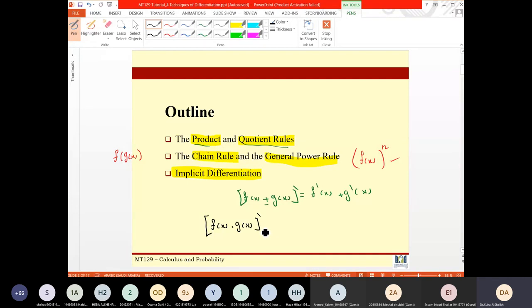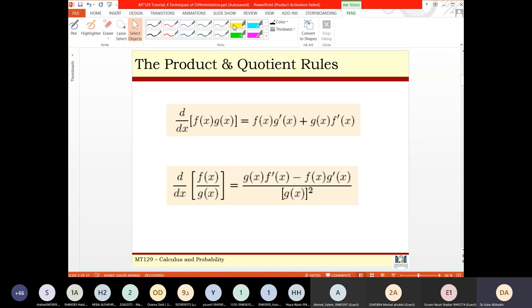I have to use what we call the product rule. The product rule states the following: the derivative of f of x multiplied with g of x is equal to f of x times g dash x plus f dash x times g of x, as if they are taking turns here. The derivative of the first times the second plus the first times the derivative of the second, if you remember this.